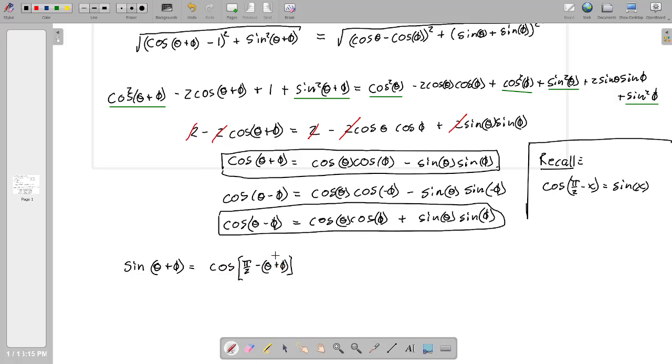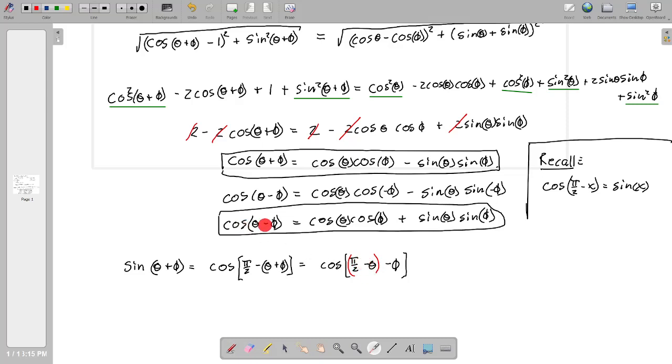Okay. We're going to distribute this negative, and we get cosine of pi over 2 minus theta minus phi. And then we're going to regroup this a little bit. So I'm going to group it like this. Think of this as a single angle now.